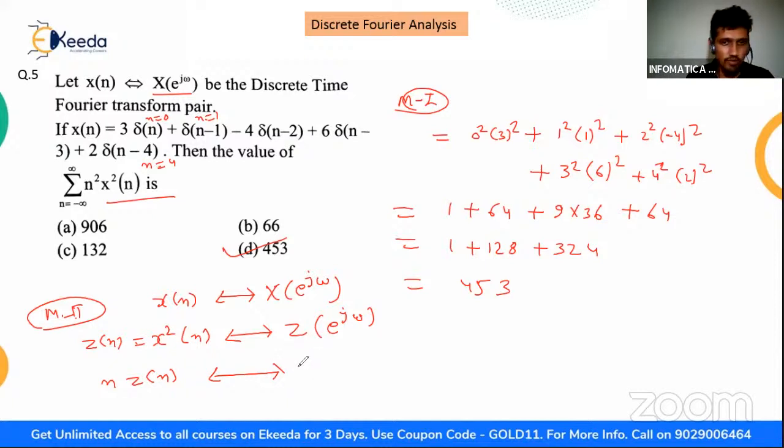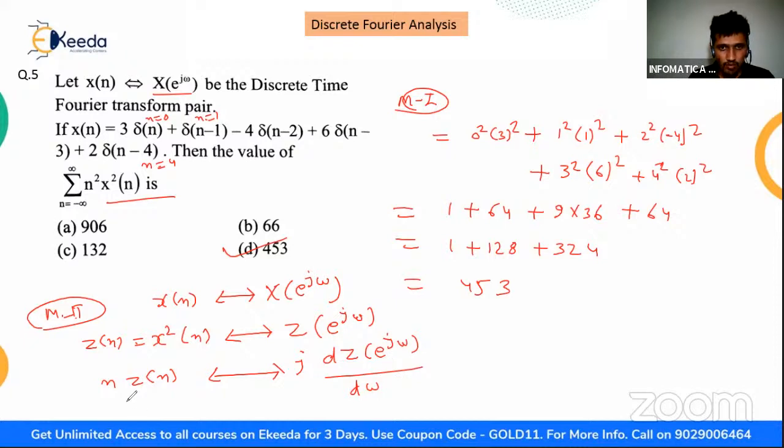So this will be simply j times d of z e to the power j omega with respect to d omega. Any sequence you can consider yn, zn, mn.